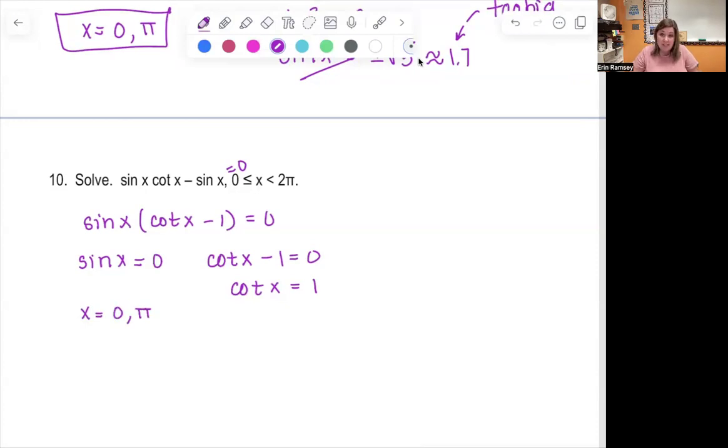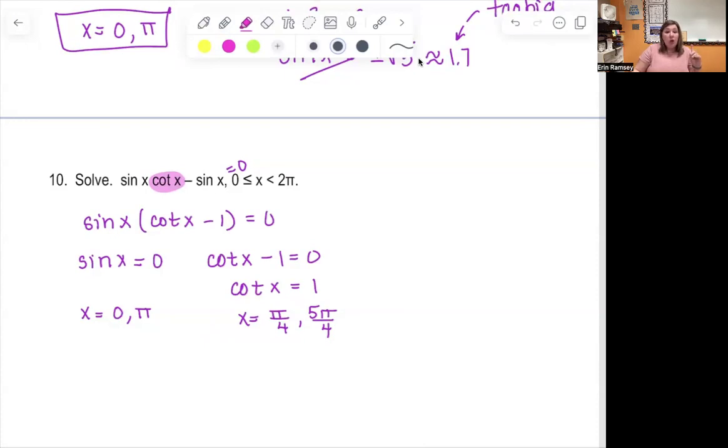And the cotangent is equal to 1 when sine and cosine are the same. So that's when your x and y are the same, which means this will be at pi fourths and 5 pi fourths. Quadrant 1 and quadrant 3 are where they're both positive or both negative, square root of 2 over 2. Here's the tricky part now. Because of this cotangent, we have to consider what the domain of cotangent is going to be.